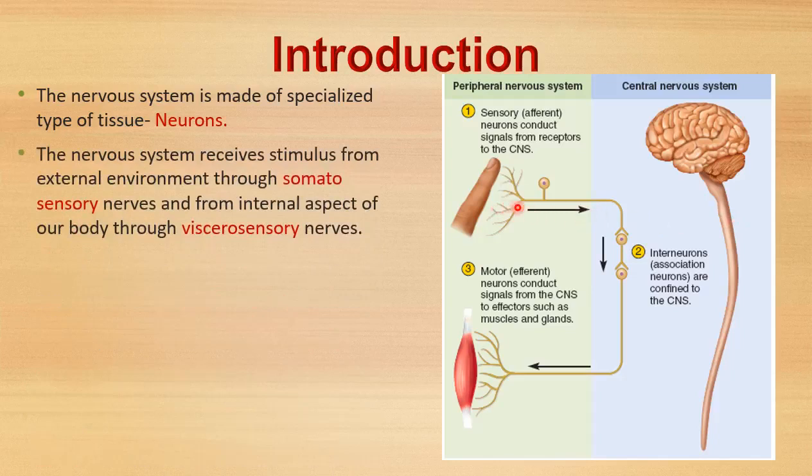Receiving the stimulus from the external environment, you receive information like pain, temperature, touch and pressure. These are called exteroceptive sensations, and also proprioceptive sensations, which are mainly from your muscle and joints.